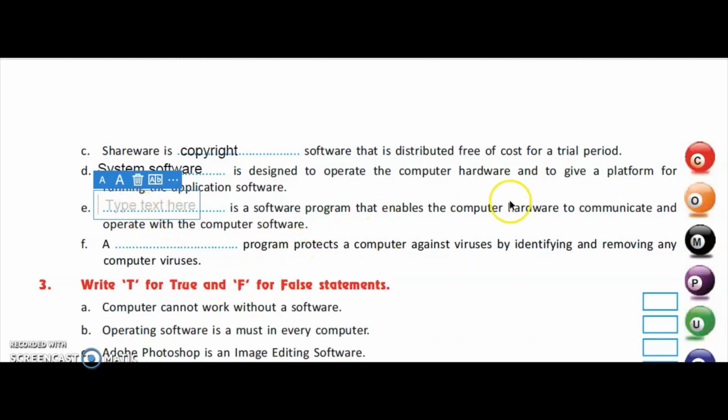It is the operating system. Now the next one, a dash program protects a computer against viruses by identifying and removing any computer virus. And the answer for this is a virus scanner. So these are the answers for the fill-ups.